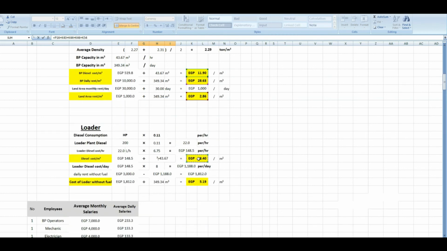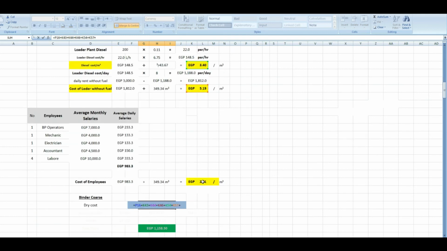It can be 2 loaders, 3 loaders according to the circumstances of the batch plant, plus the rent of the loader itself without fuel plus cost of labor, equal 860.99, and this is the dry cost of asphalt.